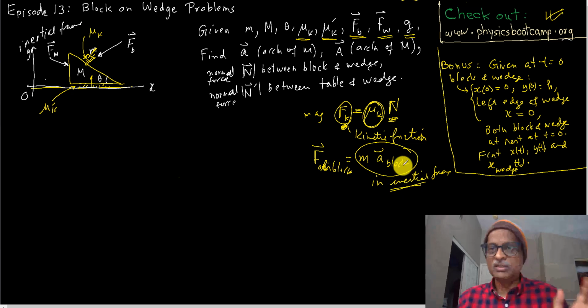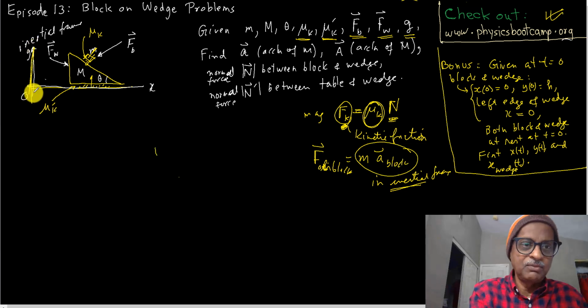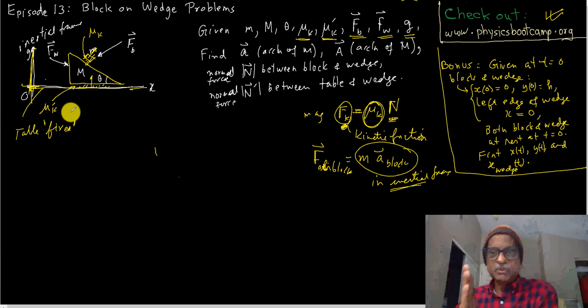If you don't know what an inertial frame is, go back a couple of videos and you will go over that. So a fixed frame, the frame that I have over here fixed to the table, is supposed to be so-called fixed. You know, the table is moving with the earth and you can say the earth is rotating. We are going to ignore those effects.